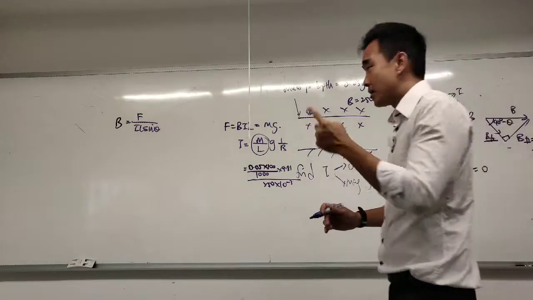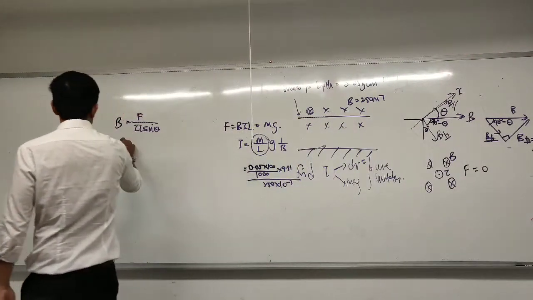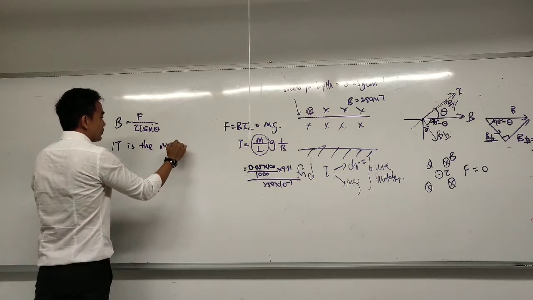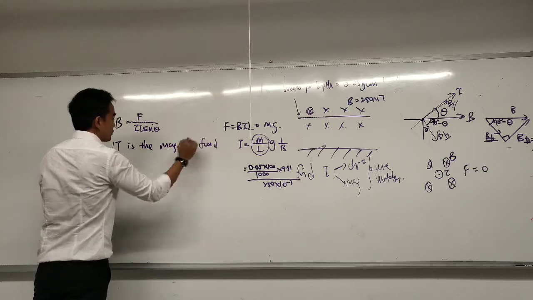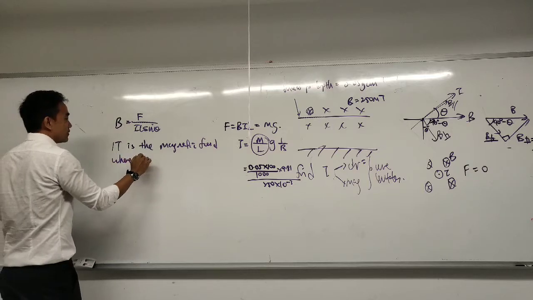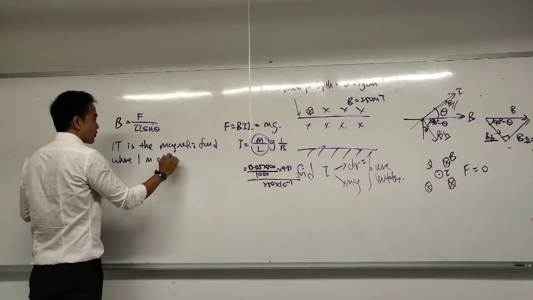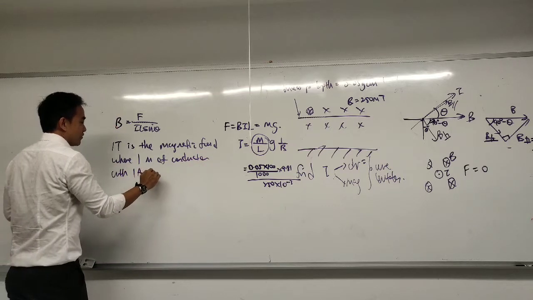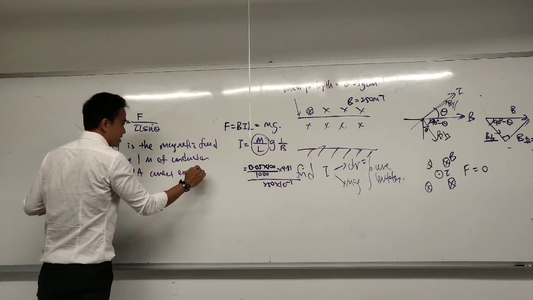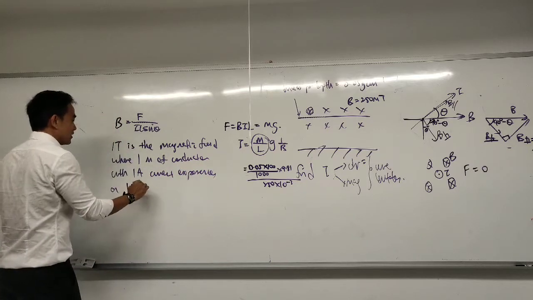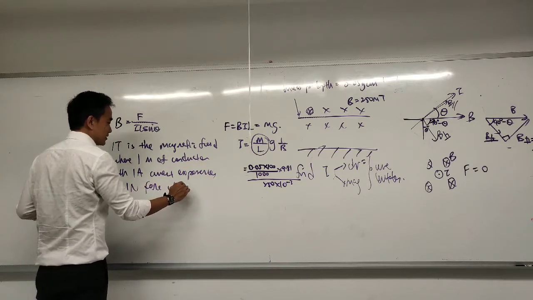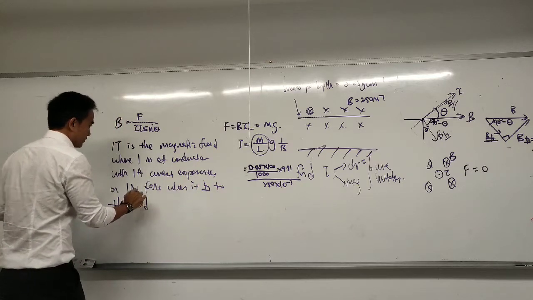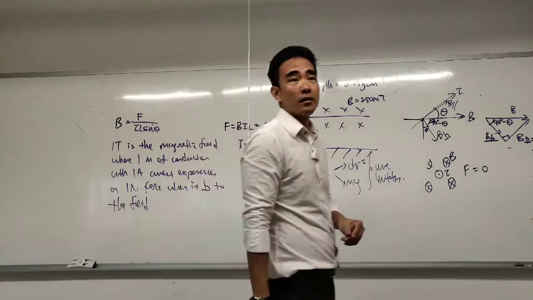So how do we define 1 Tesla? 1 Tesla, which is the unit for magnetic field strength, is the magnetic field where 1 meter of conductor with 1 ampere current experiences a 1 Newton force when it is perpendicular to the field. So this is what they define to be 1 Tesla.